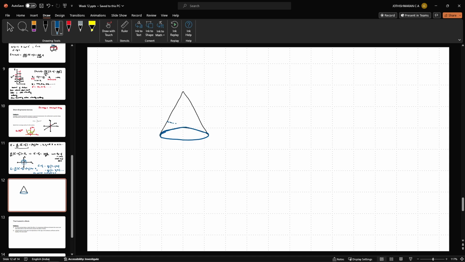The next is going to be again concentric to this, but of a smaller radius. And the next one is going to be still concentric, but of a further smaller radius.